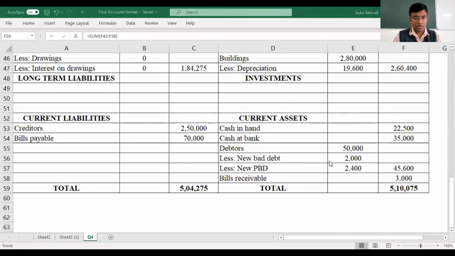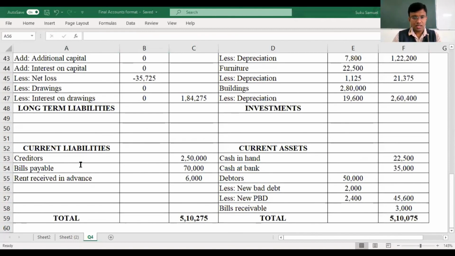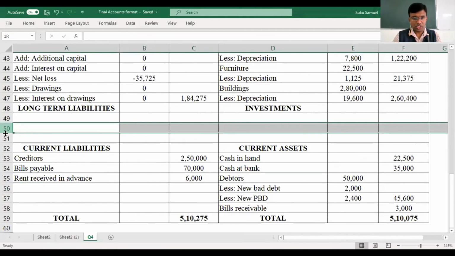Now let's just quickly look at the adjustments to see if we have missed out on any items from the balance sheet. We have to consider rent received in advance. Since this is income received in advance, we are treating it as an expense, and in your balance sheet you will have to treat it as a current liability.